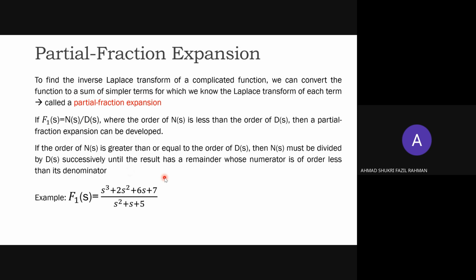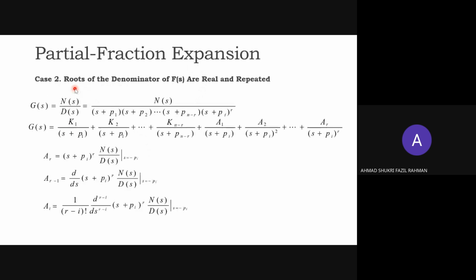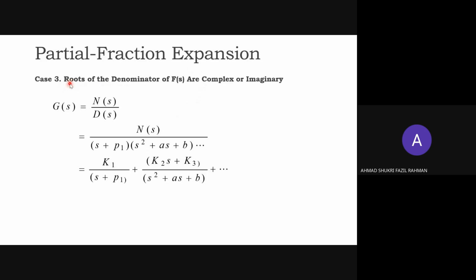So we move on to the second slide. In order to perform partial fraction expansion, there are three cases that you need to consider, and the first one is the root. You can see all three cases refer to the root: case 1 root, case 2 root, case 3 also root.